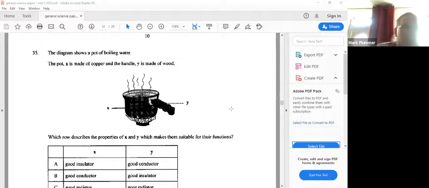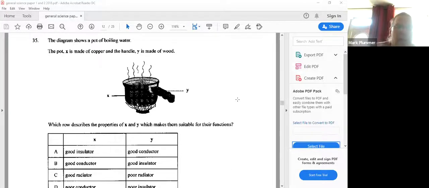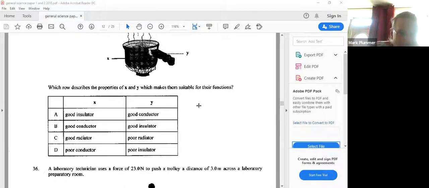So it's asking which is the best conductor and which is the good insulator, and when you look at it that way the answer is option B, because the copper X is a good conductor and the wood is a good insulator. If it wasn't a good insulator, you wouldn't be able to hold the handle when you were serving the food, emptying the pan out.